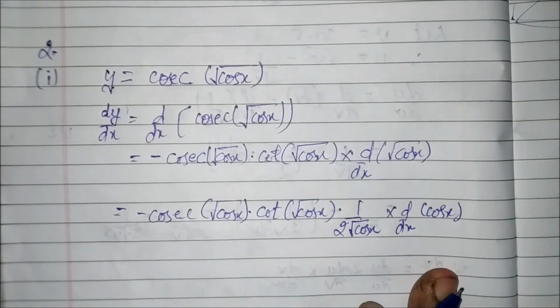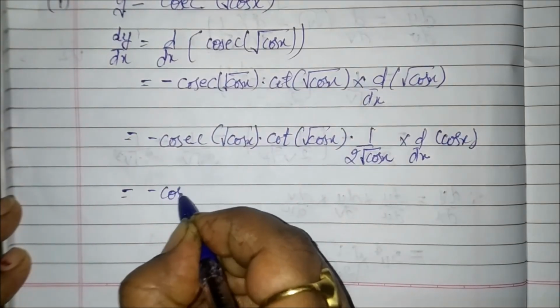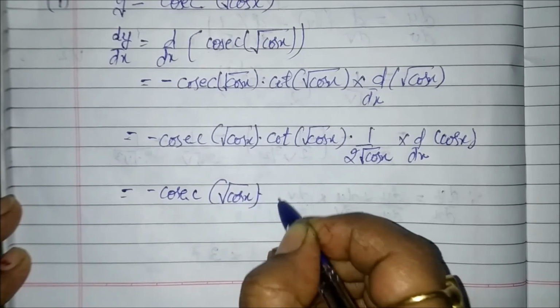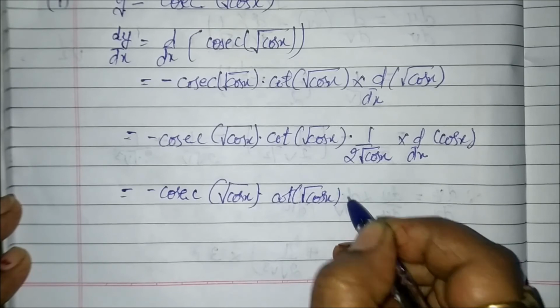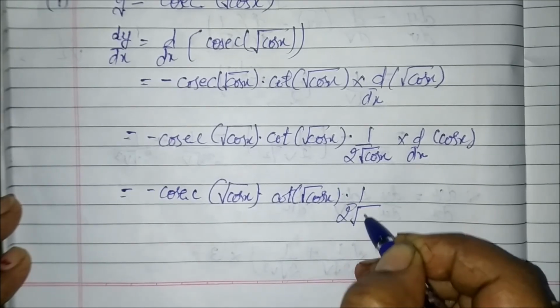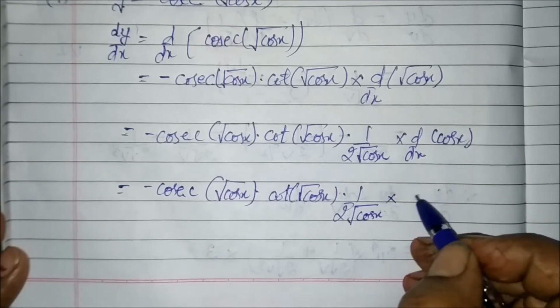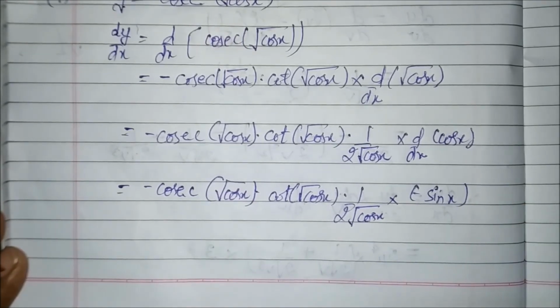This is the last step. Minus cosec root of cos x into cot root of cos x into 1 upon 2 root of cos x into, and derivative of cos x is minus sin x. Okay, just you have done.